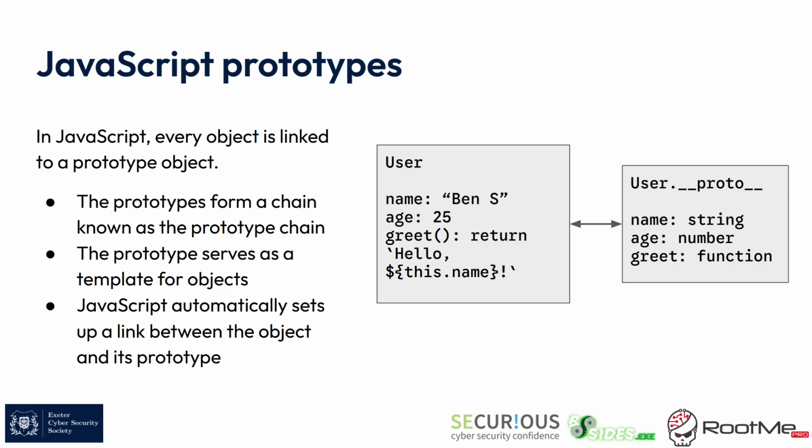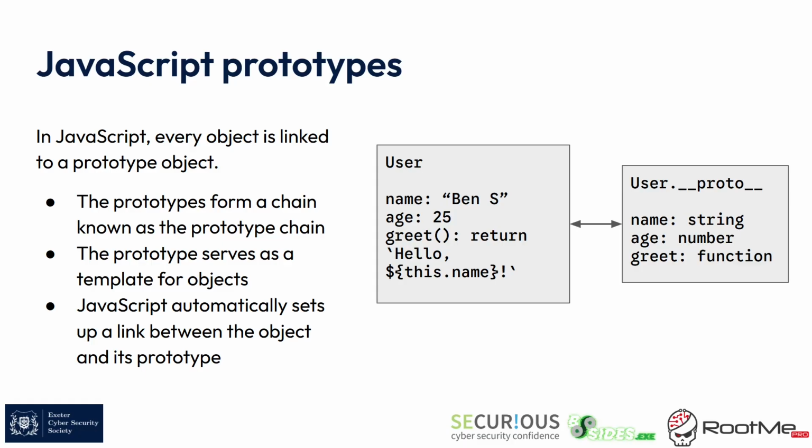Whenever you create an object or instance of an object, JavaScript will automatically link the object and its prototype together. In the example I have here, I have defined a user with two different properties in a function. And if you look at the prototype, you can see that it's got the name, age, and greet, which is the function.